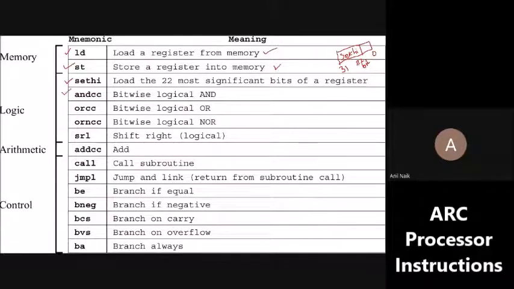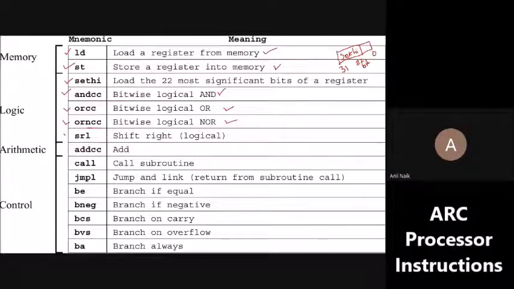Then ANDCC means bitwise logical AND operation. ORCC means bitwise logical OR, and ORNCC means bitwise logical NOR operation.